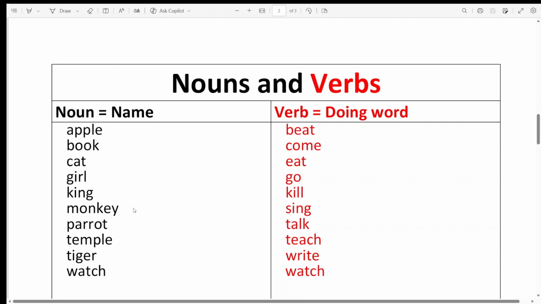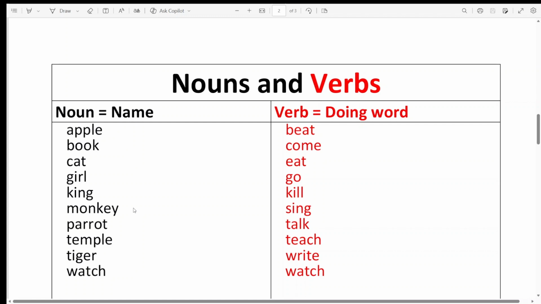Like when somebody is eating and you ask them what they are doing, their reply will be eating. Yes. So eating is from eat. So it is a doing word.